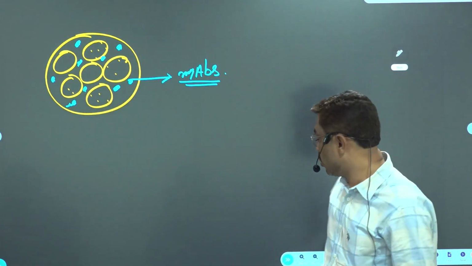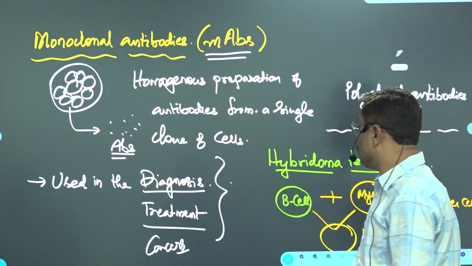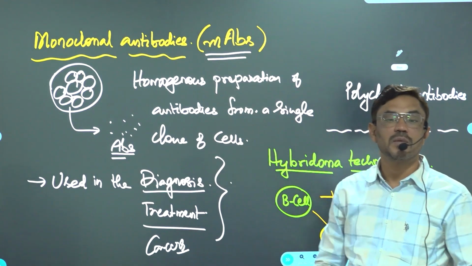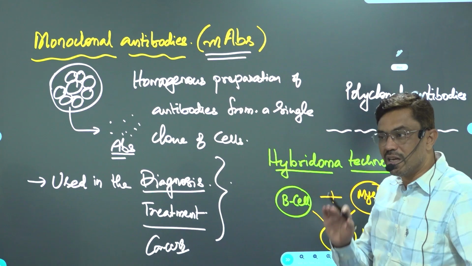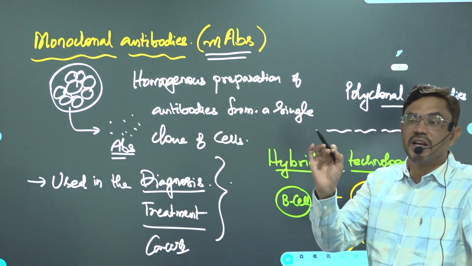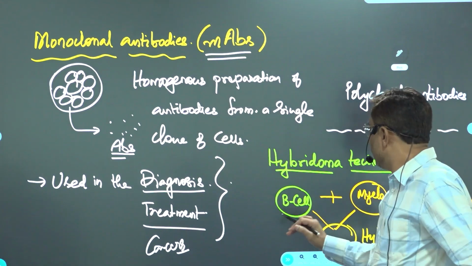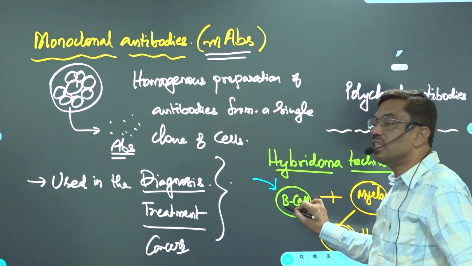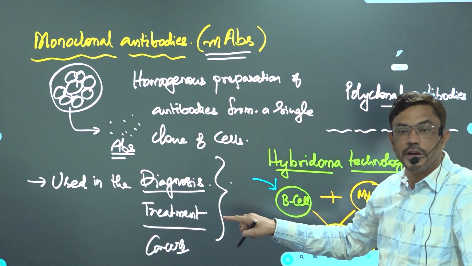Suppose you want to produce antibodies against hepatitis disease, simply you can infect this B cell with hepatitis B virus. Are you getting?